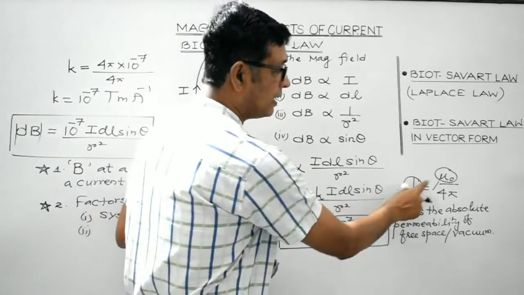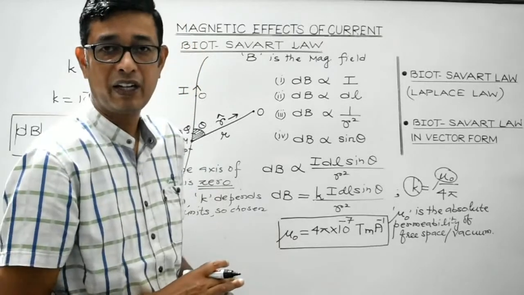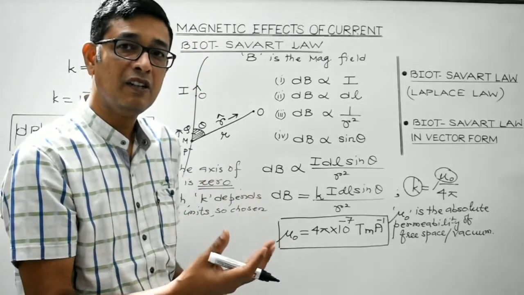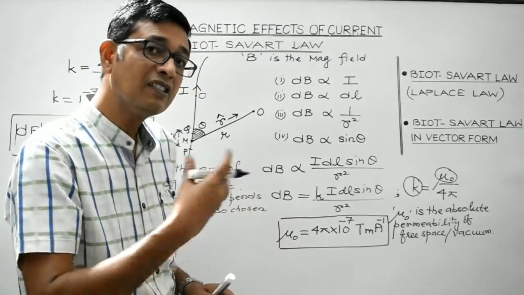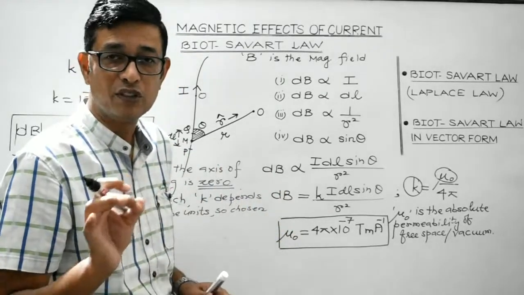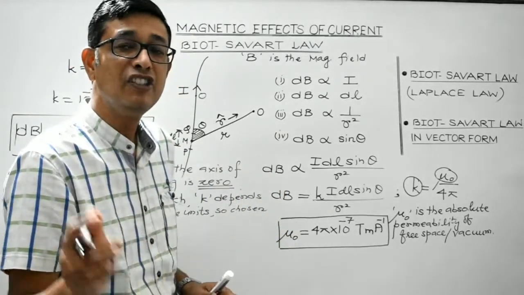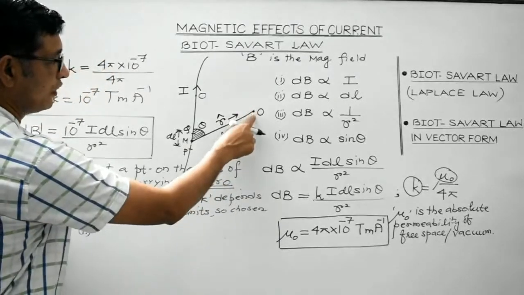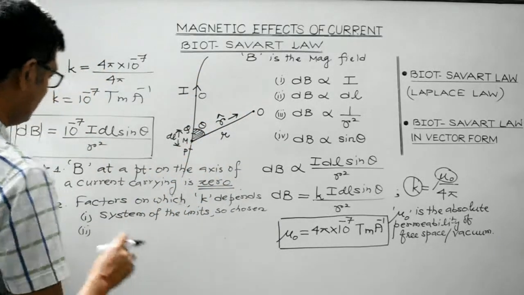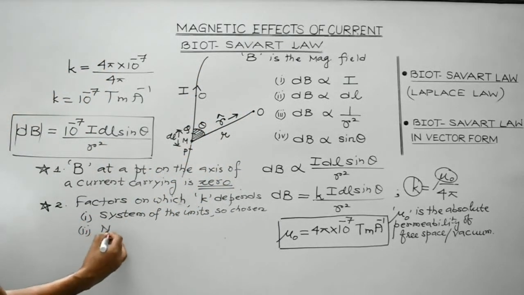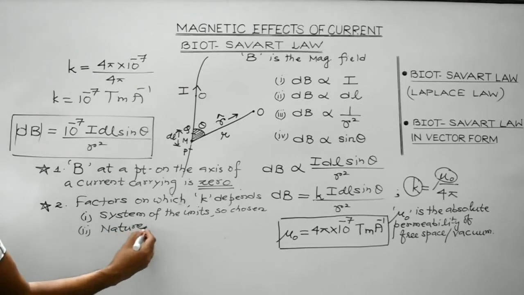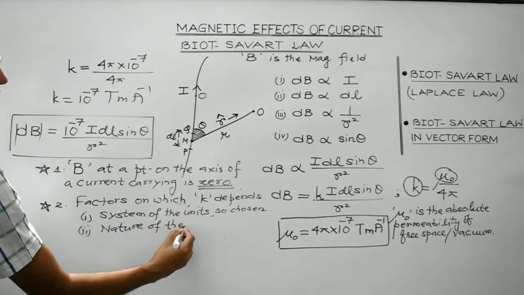So the value of K depends upon the permeability value, and permeability for different media is different. Therefore, the value of K depends upon the nature of the medium between the observation point and the current carrying conductor.